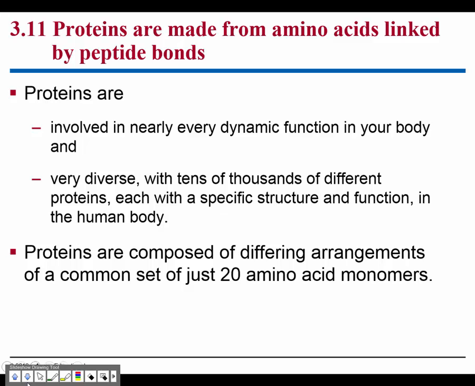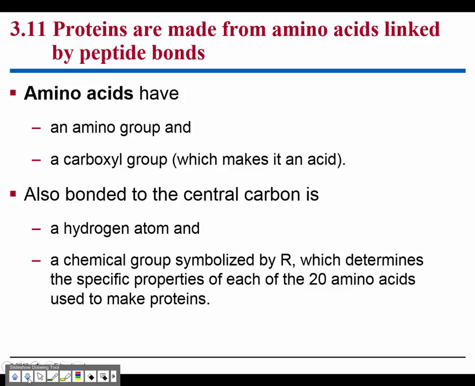And so they are involved in nearly every dynamic function of your body. So they're just extremely important. Very diverse, all sorts of different shapes, and the specific structure determines its functions. And they're all just kind of different arrangements of 20 amino acid monomers.